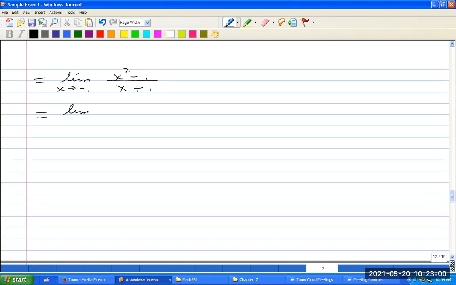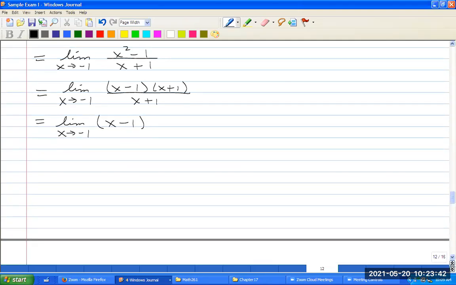So this is the limit as x approaches -1 of x minus 1 times x plus 1 over x plus 1. Well, I can cancel the x plus 1s, and I just get x minus 1. And so this function is equal to x minus 1, except when x is equal to -1, but I'm doing a limit as x approaches -1. And so since they're equal everywhere except for -1, the limits are equal.